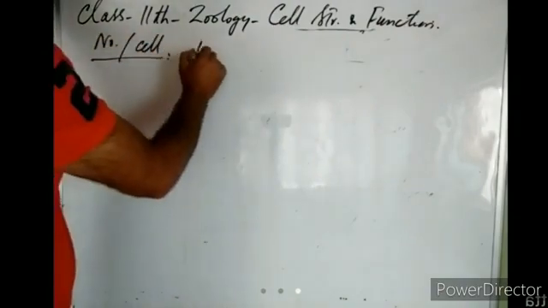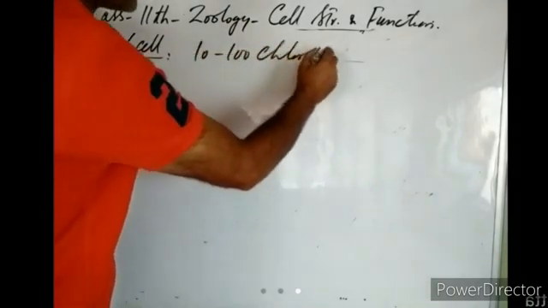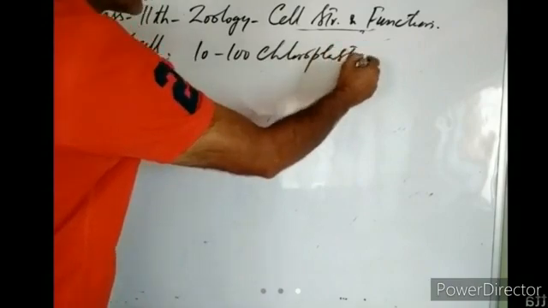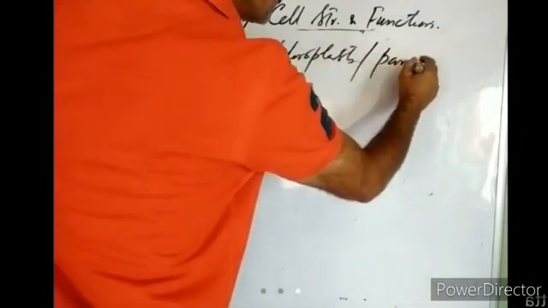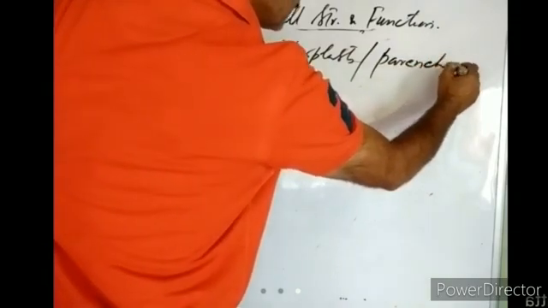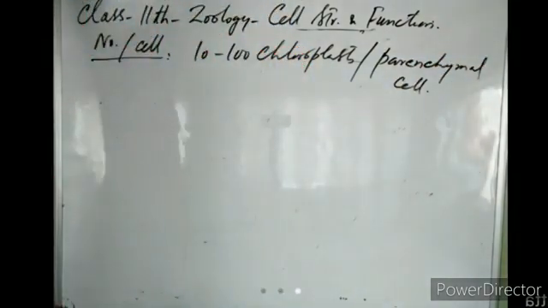There may be some 10 to 100 chloroplasts per parenchymal cell. So the number varies between 10 to 100. In a typical parenchymal cell, there may be some 10 to 100 chloroplasts, right? So that is about their shape, size, and number.